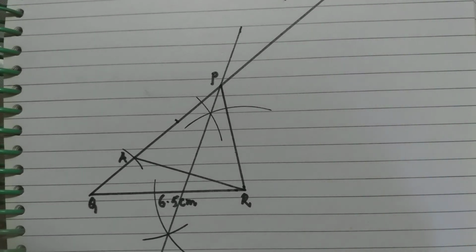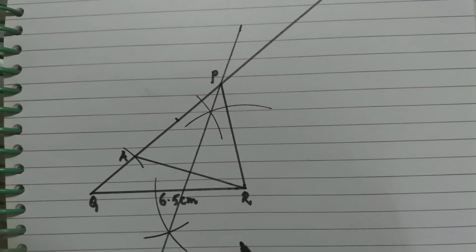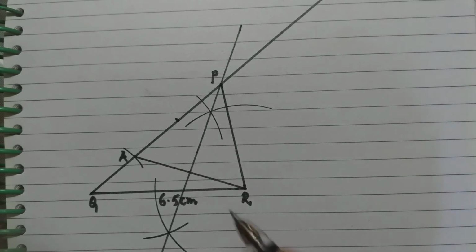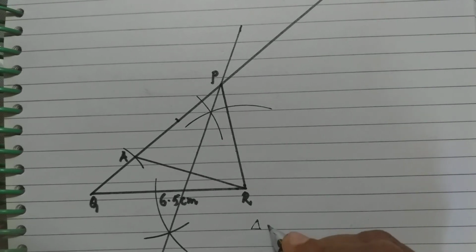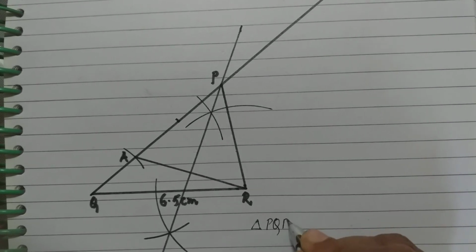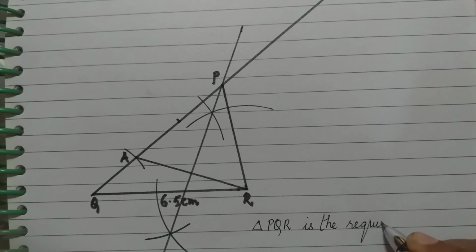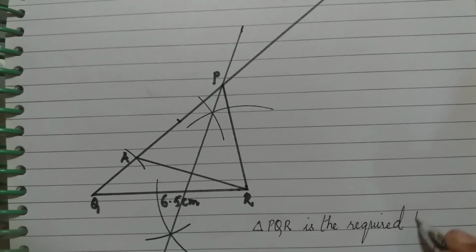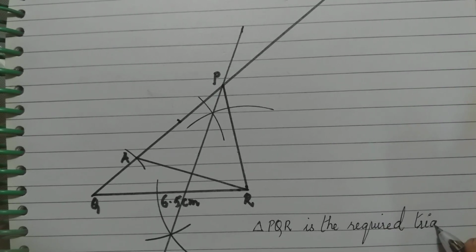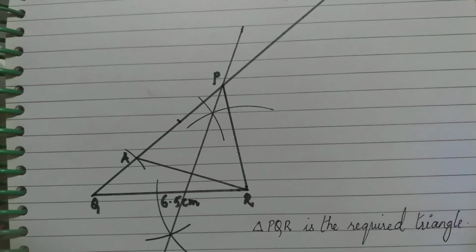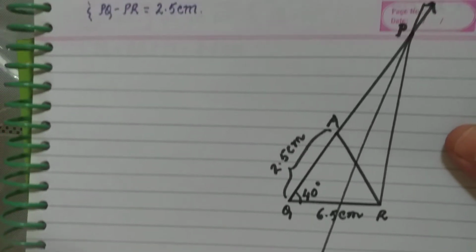Next step is to write triangle PQR is the required triangle. We can also confirm by finding the lengths. They said that PQ minus PR is 2.5 centimeter. Let us see the lengths.